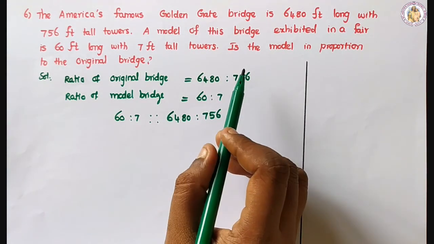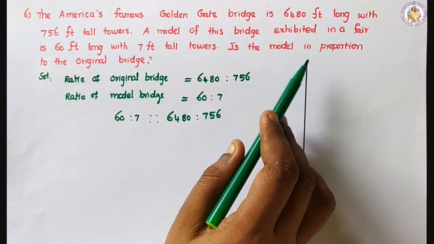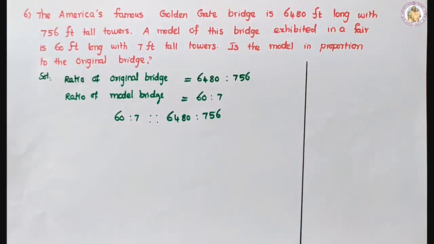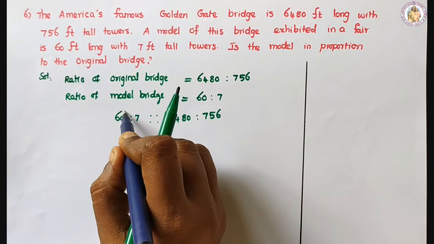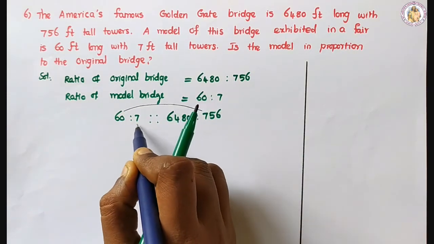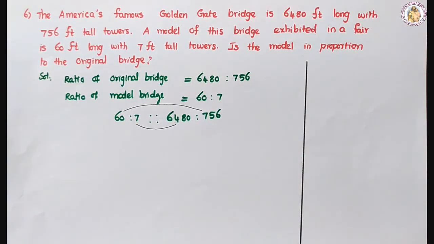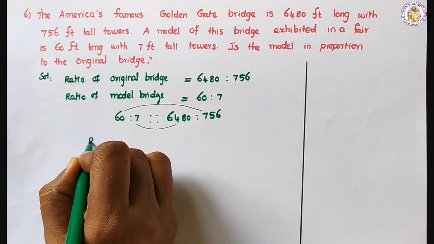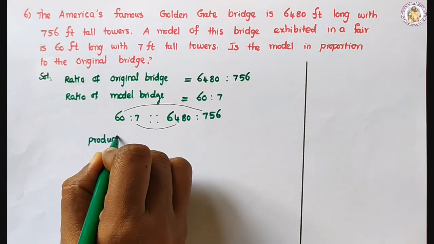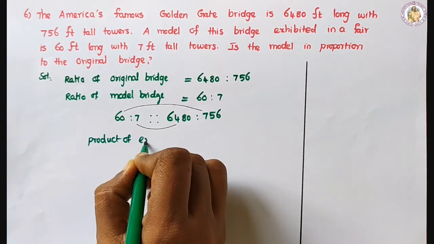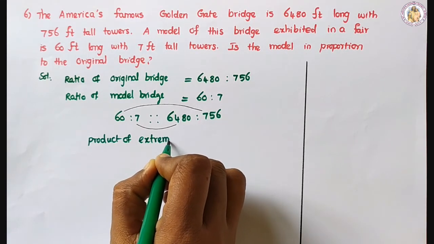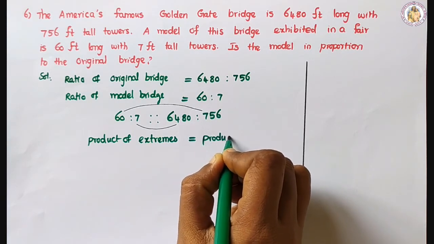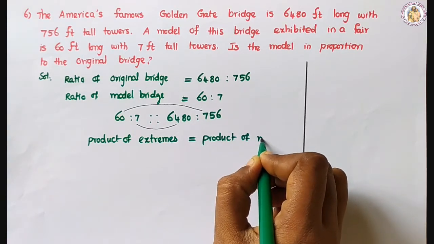We want to check whether it is in proportion or not. So what's the rule? Product of extremes equal to product of means. So product of extremes equal to product of means.